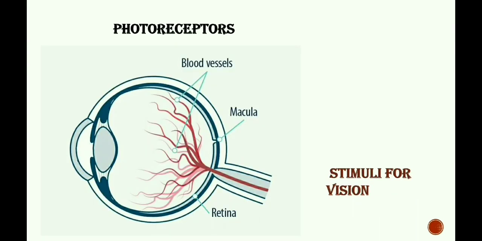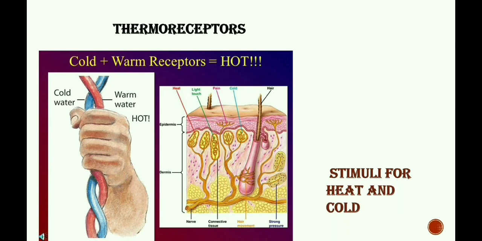Next one is photoreceptors. Location for this receptor is a retina of eye, and its function is vision. That means it receives sensory stimuli for vision. Next one is thermoreceptors.